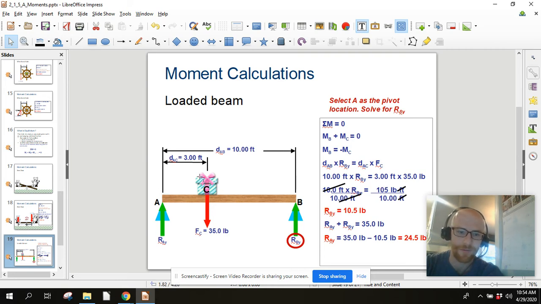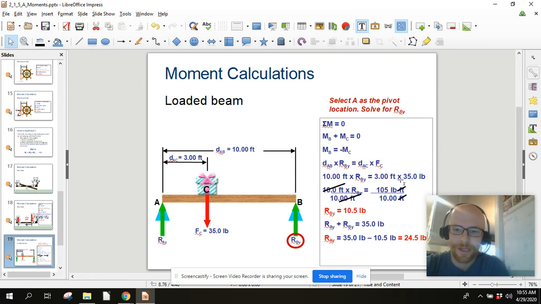So we're taking 3, the distance from the load to A, 3 feet, times 35, and that's going to give us a certain force at A, and then B has to equal that because it is a moment and has to equal 0 for it to be at equilibrium.